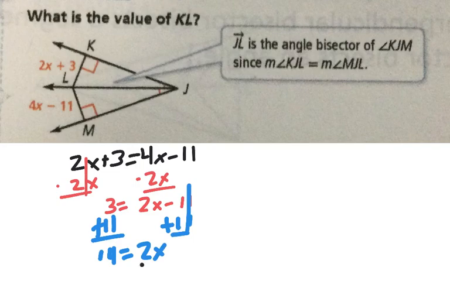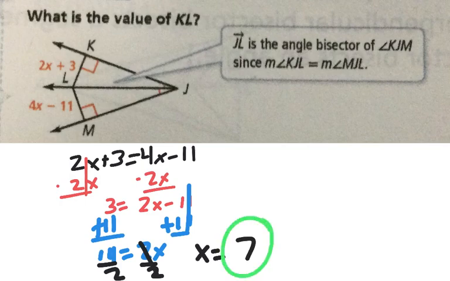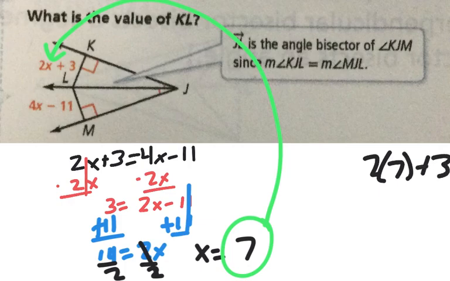Divide by 2. X equals 7. Did it ask me what x was? No, it asked me for KL. So I'm going to take this 7 and plug it in here to find the distance of KL. 2 times 7 plus 3 is going to be 17.